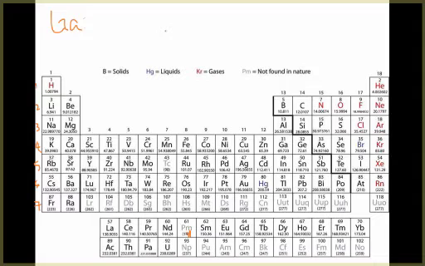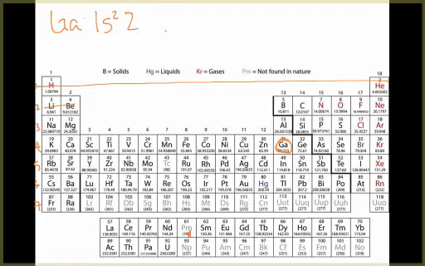So for gallium, which is right here, this is where I'm looking for, I have to go through the 1s2, through the 2s2, through the 2p6. Now I'm in 3, so this is the 3s2. This is the 3p, go all the way through that, 3p6, the 4s2.